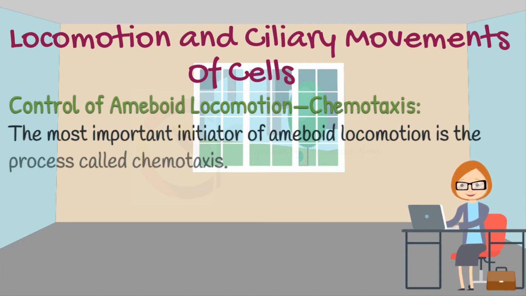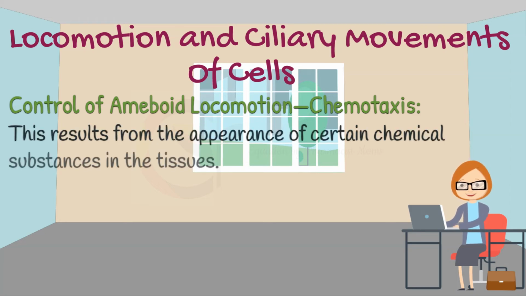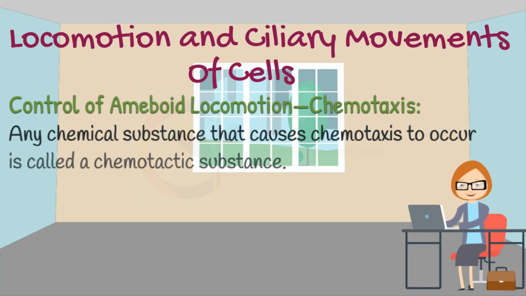Subsequent is control of amoeboid locomotion, that is chemotaxis. The most important initiator of amoeboid locomotion is the process called chemotaxis. This results from the appearance of certain chemical substances in the tissues. Any chemical substance that causes chemotaxis to occur is called a chemotactic substance.